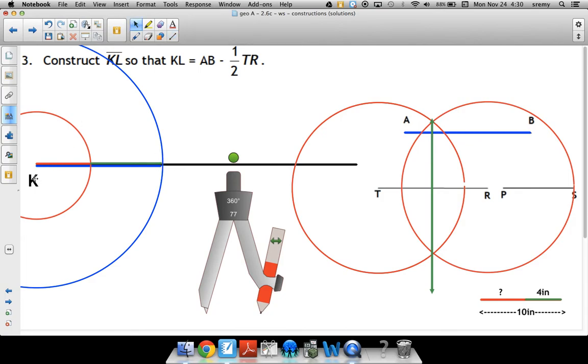So I guess I'm going to have to relabel that. What we're left with, the green, is supposed to be KL. So I'll just rearrange that a little bit. Alright, so that green segment is KL, which is AB minus 1/2 of TR.